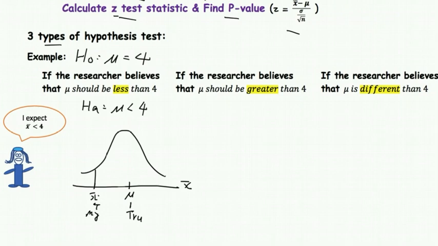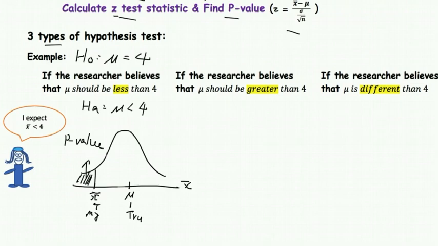So my sample mean will be on the left-hand side of mu. So this is my sample mean. And this tail probability, this is the left tail probability, is called the p-value. So a p-value is just a probability number. In this case, it is the left tail probability.